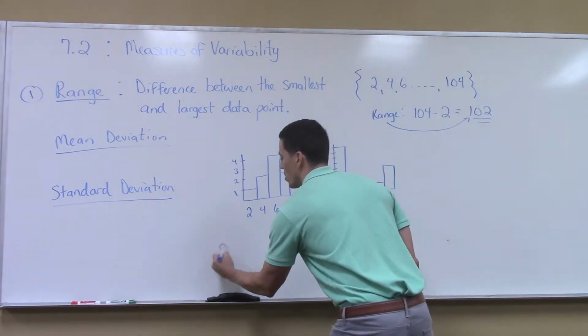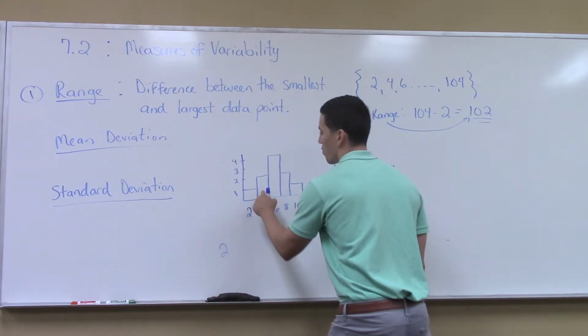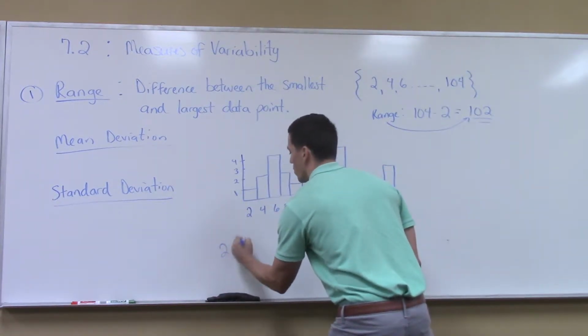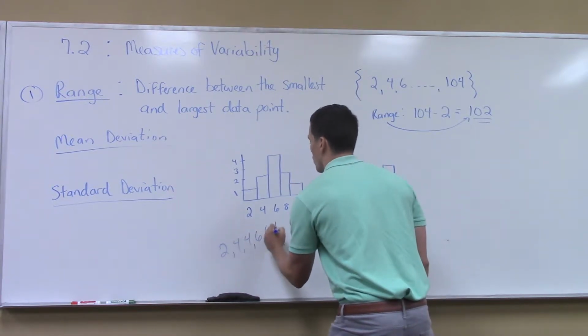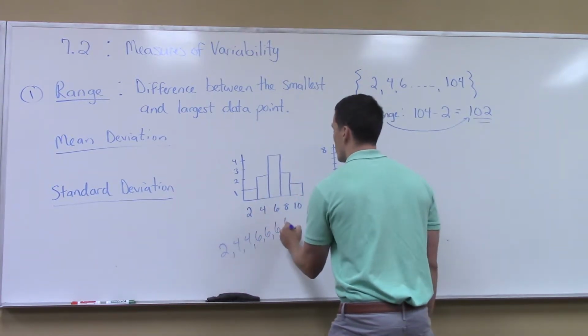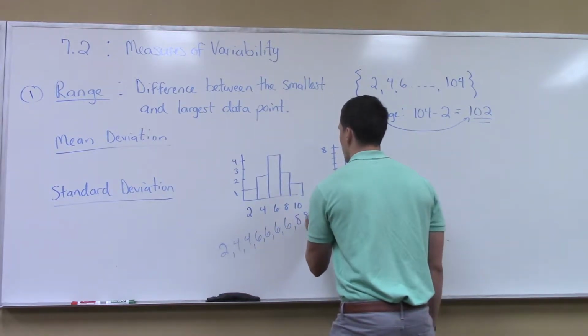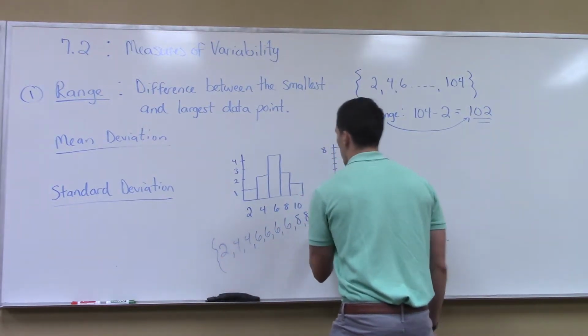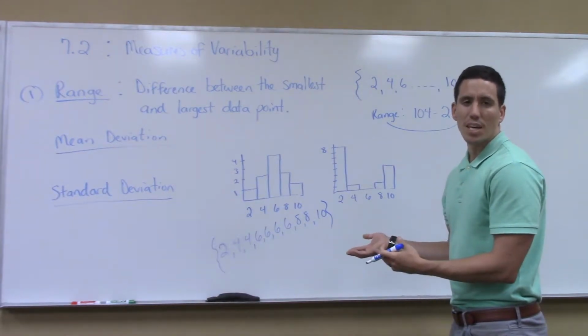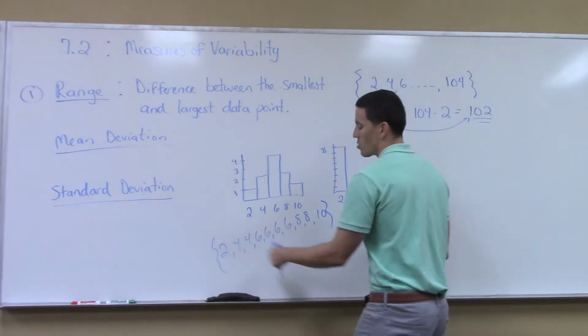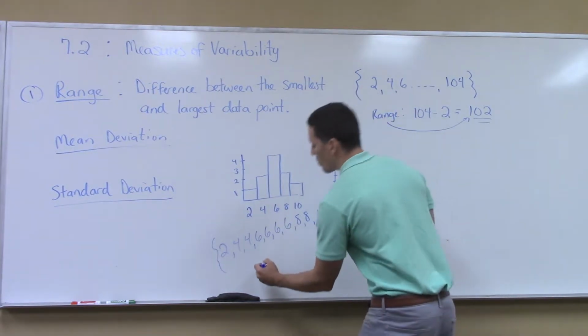I would have 2 one time, the data point 4 twice, so 4 and 4, 6 four times, so 1, 2, 3, 4, 2 eights, and then 1 ten. When I read it that way, you can see pretty quickly that the range in that set of data is 8. 10 minus 2 is 8, so the range here is 8.